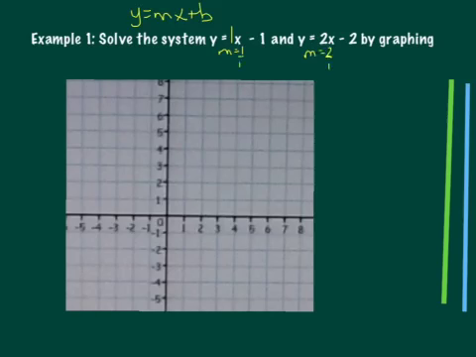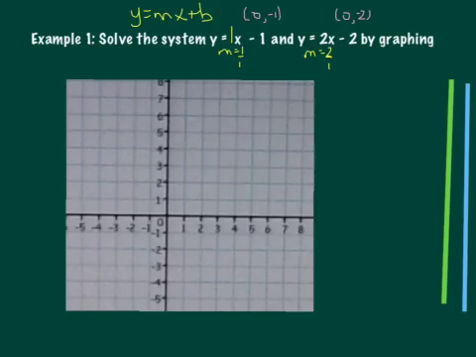This is 1 over 1. Our b value, remember that's our ordered pair, is 0, negative 1 in this case. Over here in this one, it looks like 0, negative 2.